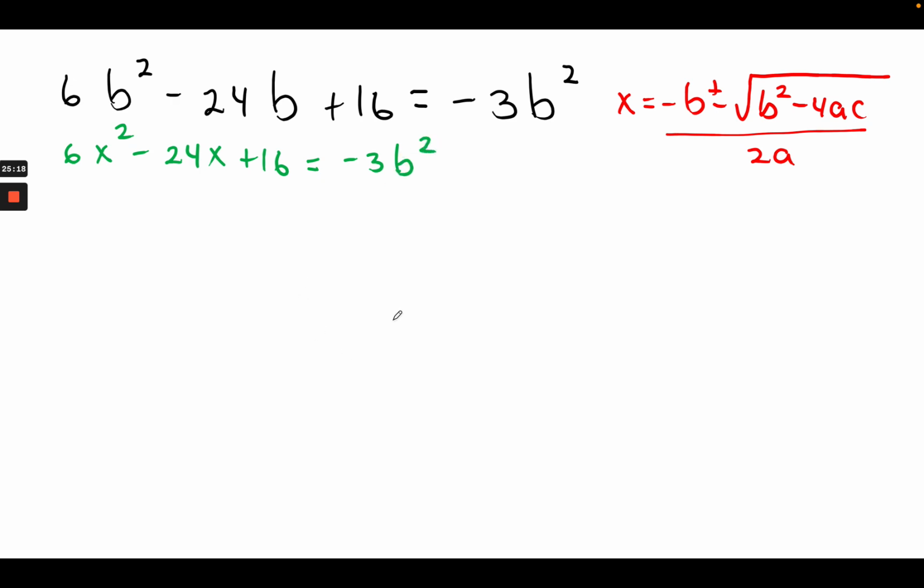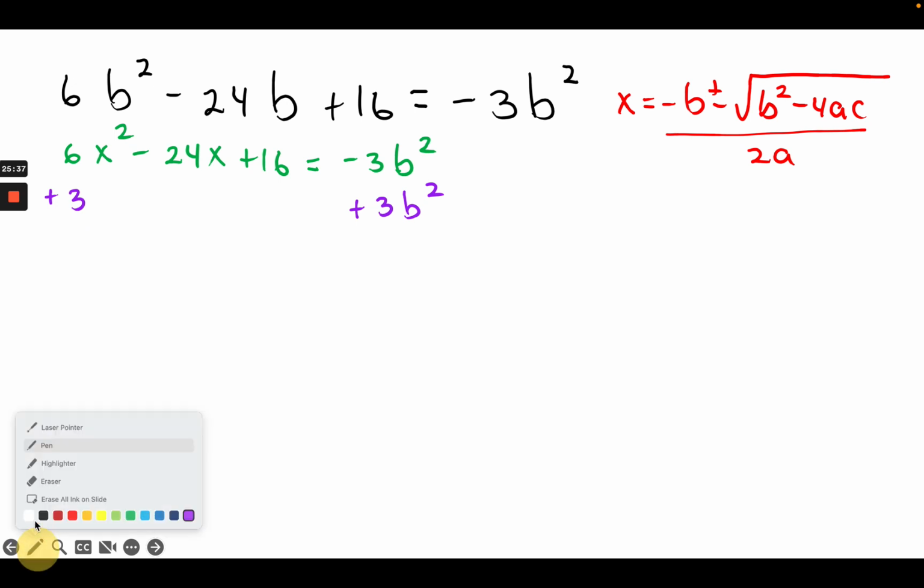Okay, so what's our problem with this one? Yeah, it does not equal 0. So we're going to add 3b squared to both sides. But remember, we have to put it on with the like term, so we're going to put it over here. Oh, why did I use b? That was dumb.